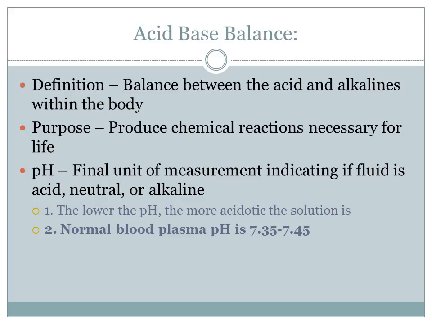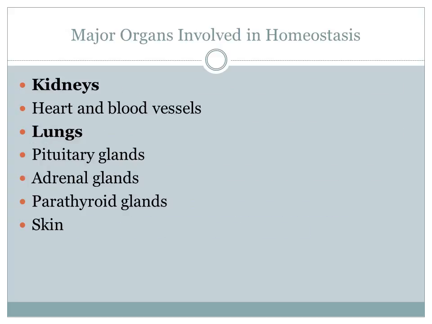Because cells of the vital organs require precise and constant sources of fluids and electrolytes and correct pH, IV therapy is therefore really important to replace losses that are caused by GI suction, burns, NPO status, diuresis, or diaphoresis, for example. These are the major organs that are involved in homeostasis.